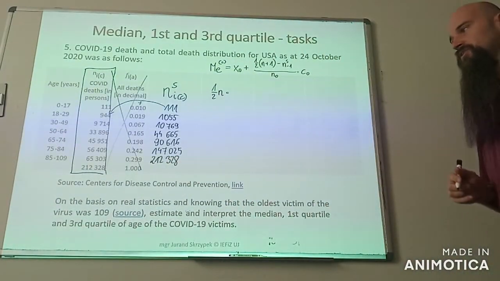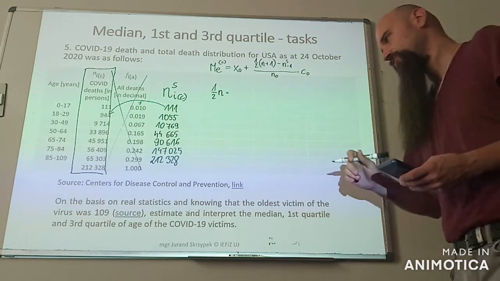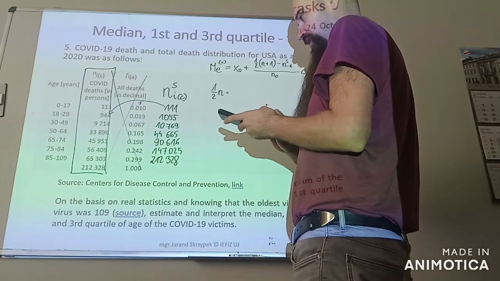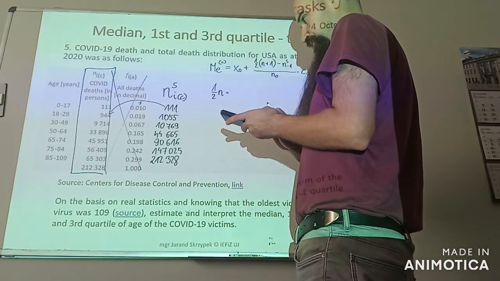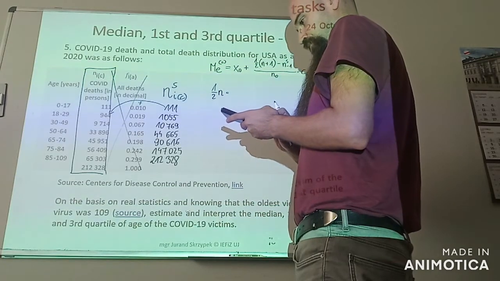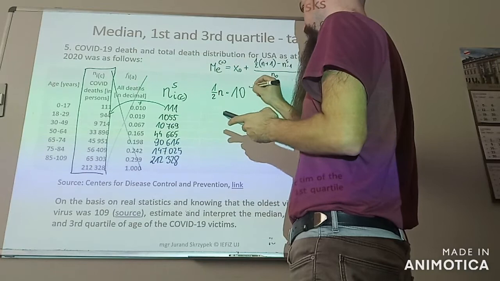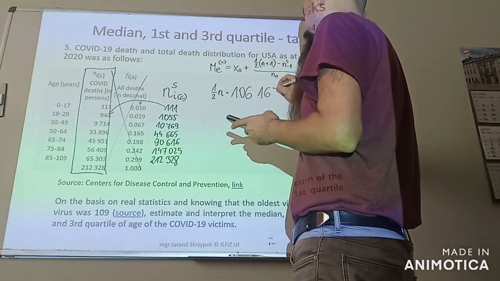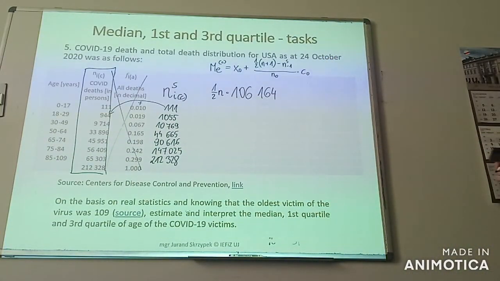Population size is 212,328. I need a half of this number. A half of the population size is 106,164. This is the half of the population.